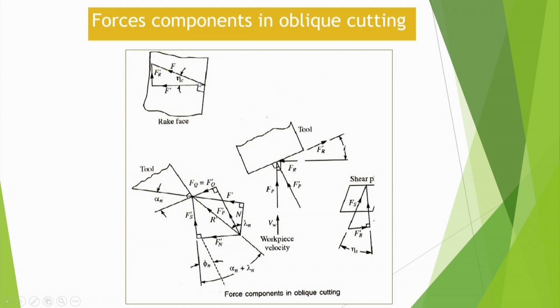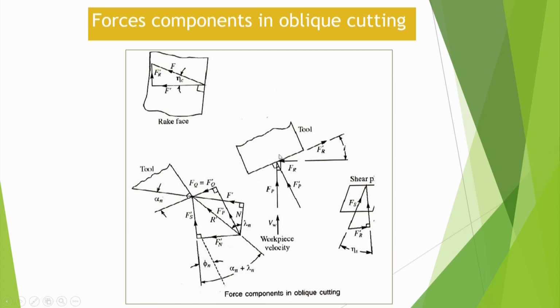This is the friction force on the chip, but it is making angle eta c from here. This angle is 90 degrees here, and this is eta c, the chip flow angle. This force can be resolved into two components, that is F dash and F dash R. So this is the rake face, and similarly another view is shown.